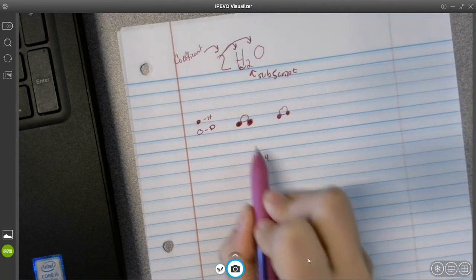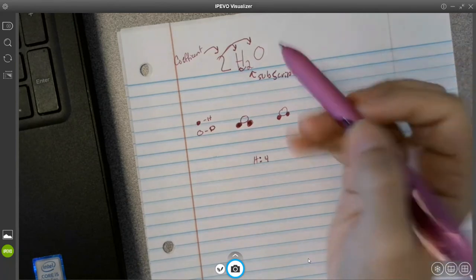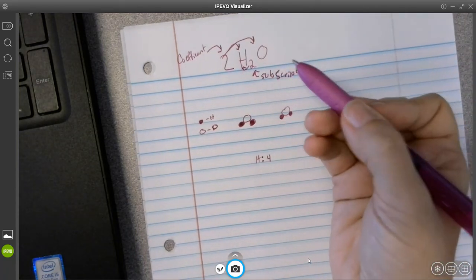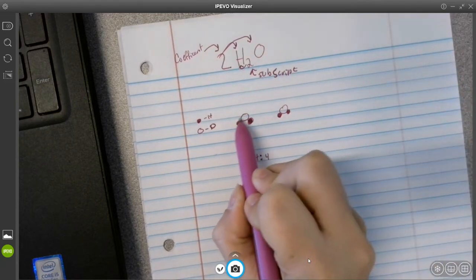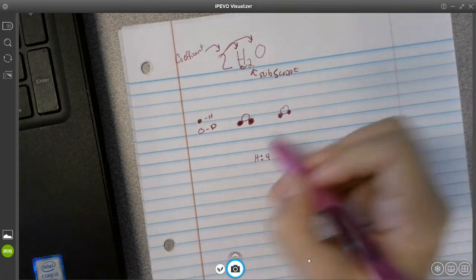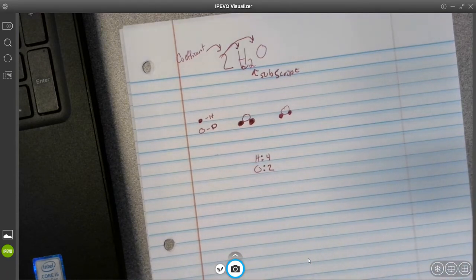So I can definitely say I have 4 hydrogen atoms. If I look at oxygen here, remember oxygen is a 1, so 2 times 1 means 2. And I can look here at my drawing and I can see 1, 2 oxygens. And so this is a quick example of counting atoms.